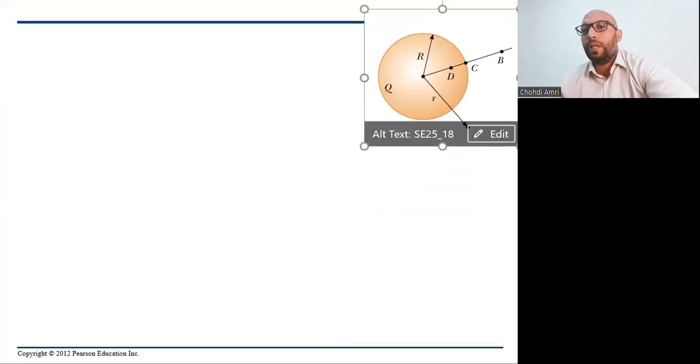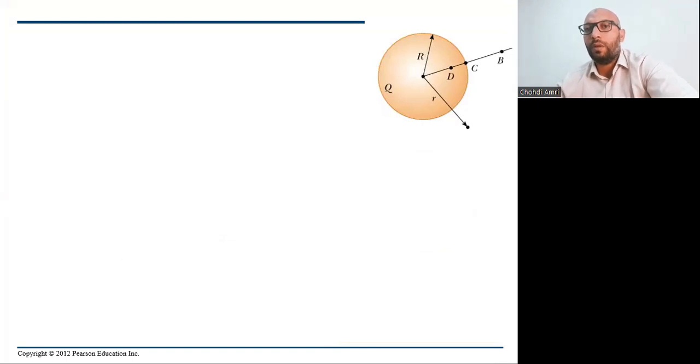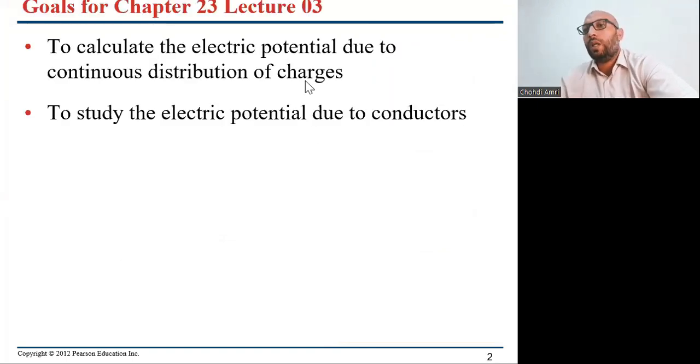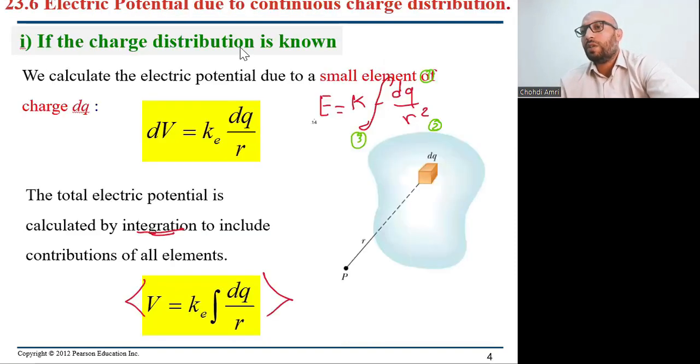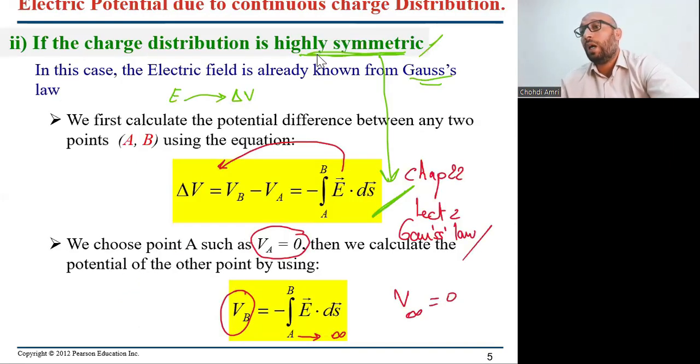Here, what do we have? Let's come back to our objective. In the objective, we said we will calculate the electric potential due to continuous charge distribution, and we will study the electric field, electric potential due to conductor. But here, we said that we have two cases. The first case, if the charge distribution is known, dq. And the second case, if we have highly symmetric charge distribution. Highly symmetric charge distribution, what we said is that we're going to refer to Gauss's law.